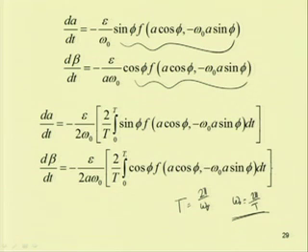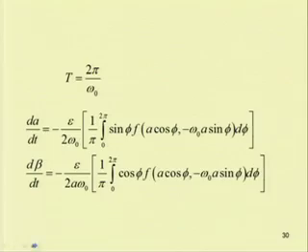Now one can express this time in terms of the frequency omega 0, and one can write this equation dA by dt equal to minus epsilon 2 by omega 0, by substituting T equal to 2 pi by omega 0.